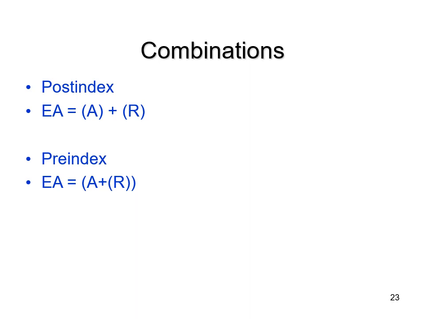Now you may have more complicated addressing modes because you have some combinations for the addressing. For example, you may have post-index addressing, where A and R are not the actual values, and they correspond to the register address and also the memory address.